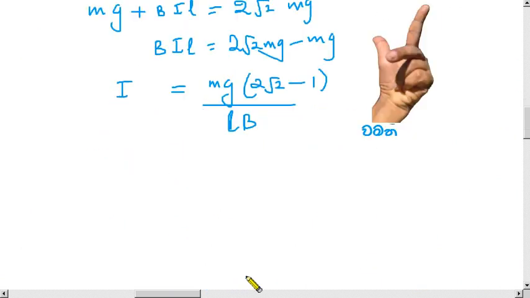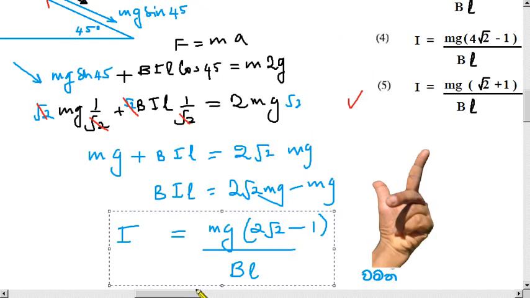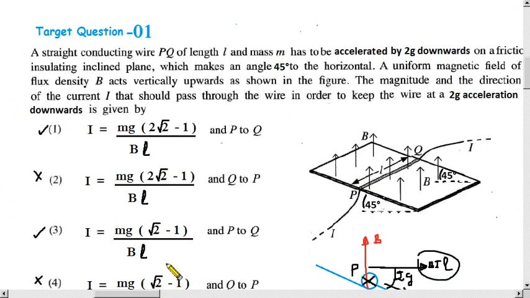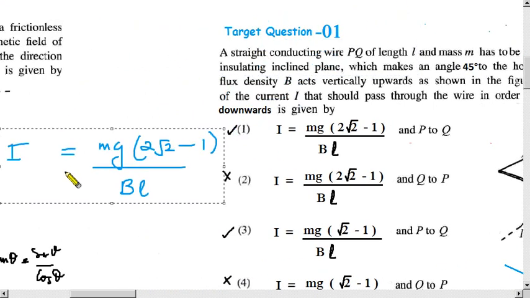Let us check the answers. They have written BL. So the magnitude is what we check. What can we choose? Already we chose the first one because the direction was correct.